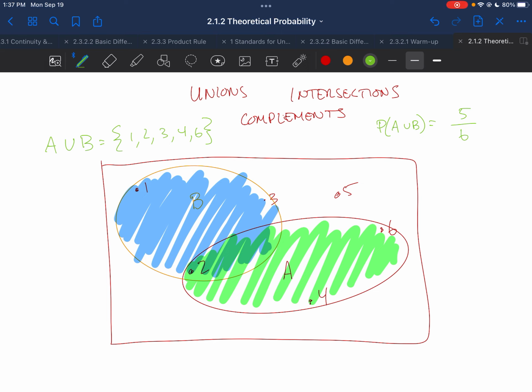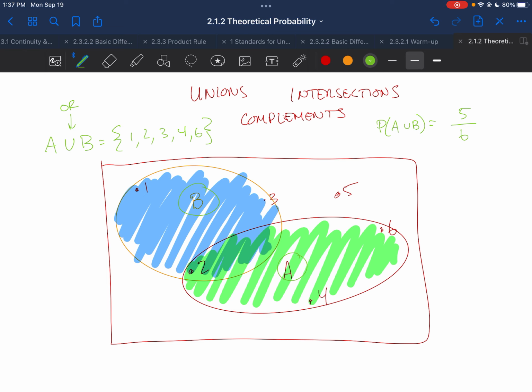And what you notice is I use the word or. A union sign is an or. In math, or means that event A happens, event B happens, or they both happen. That's an or.